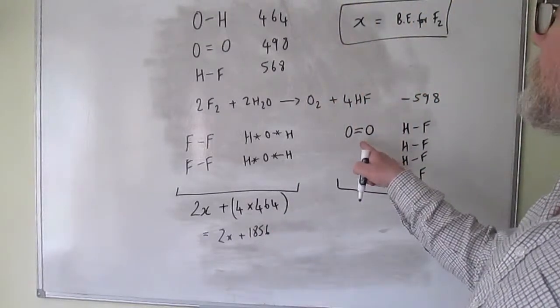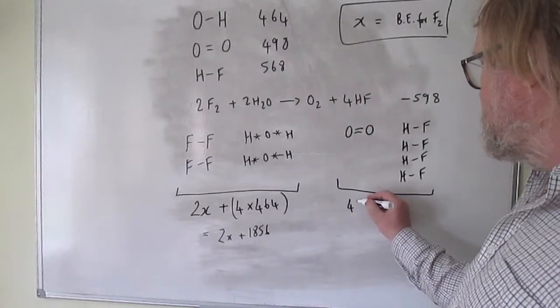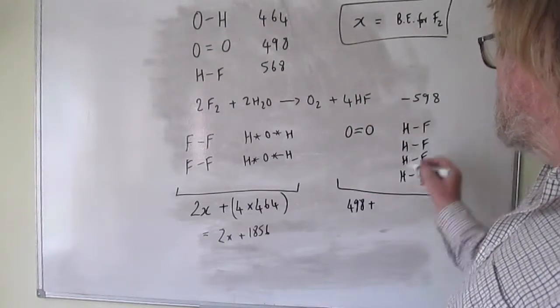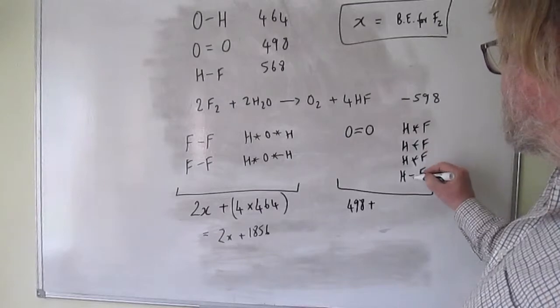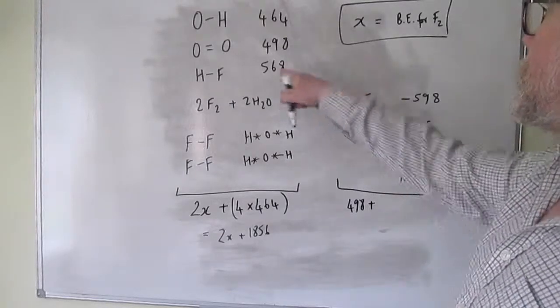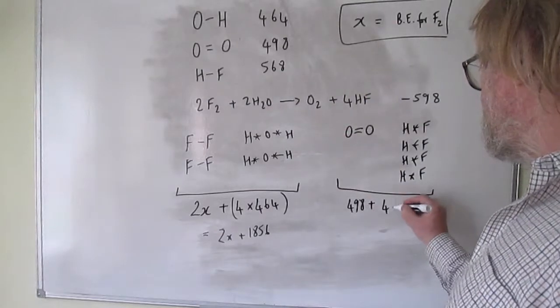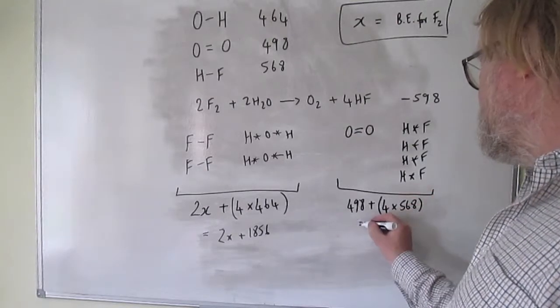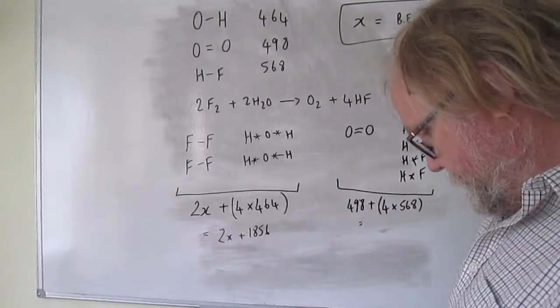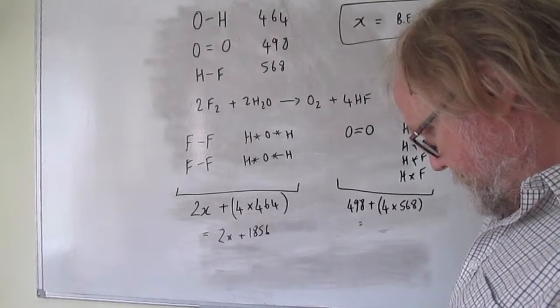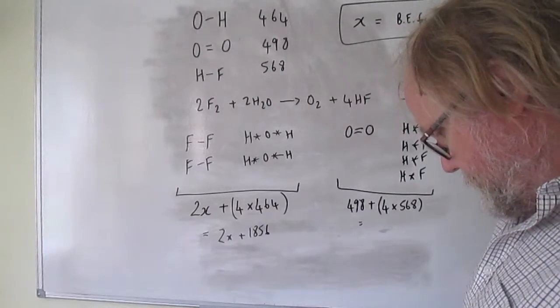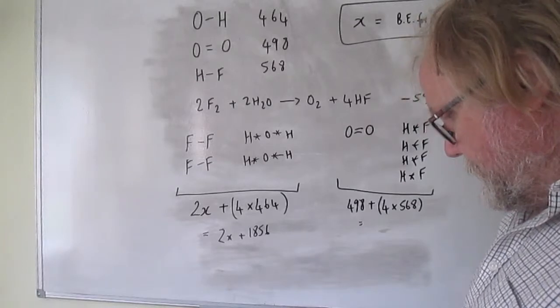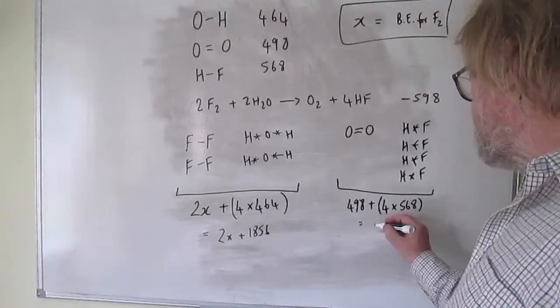On this side we have an O double bond O, so that's 498, plus 4 lots of HF, so 4 lots of 568, which adds up to 2770.